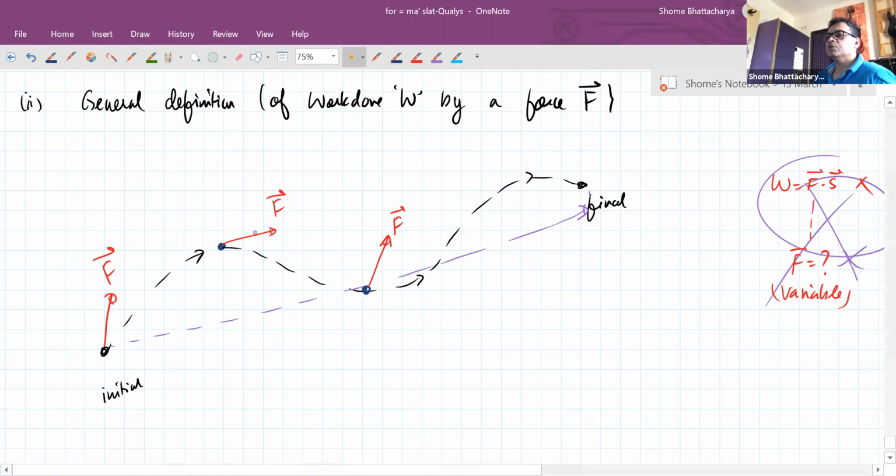Instead, because it's a variable force, we take a very small fraction of the whole path, a differential displacement ds. Differential means very small.